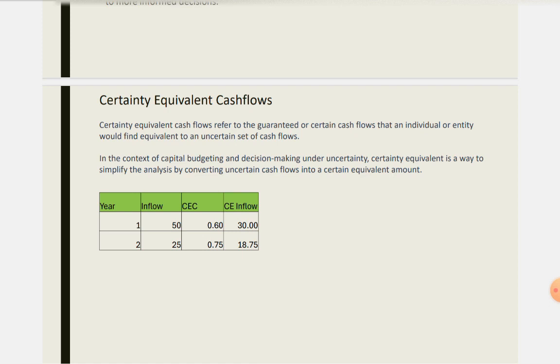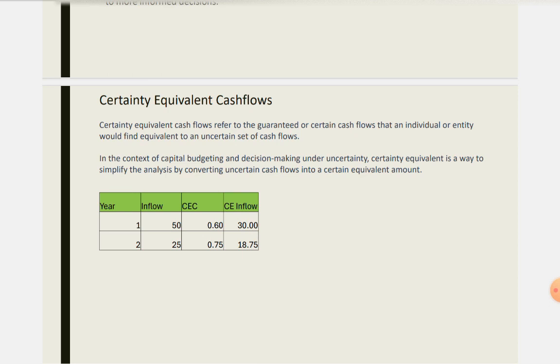We have something called the certainty equivalent coefficient, and that's just a probability number between 0 and 1 that predicts what part of that. In this case, 0.6 or 60% is what that indicates. So the certainty equivalent cash flow will be 50 lakhs times 0.6, that's 30 lakhs. The idea here is to be a little bit more conservative.